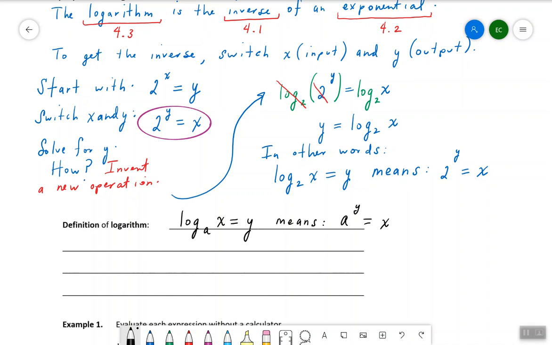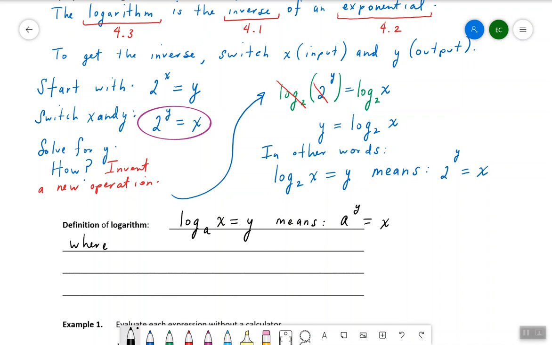So we should go ahead and talk about the values that a, y, and x can have. The same values that they have here for the logarithm are the same values they have here in the exponential. So we already know something about what these numbers can be in an exponential.